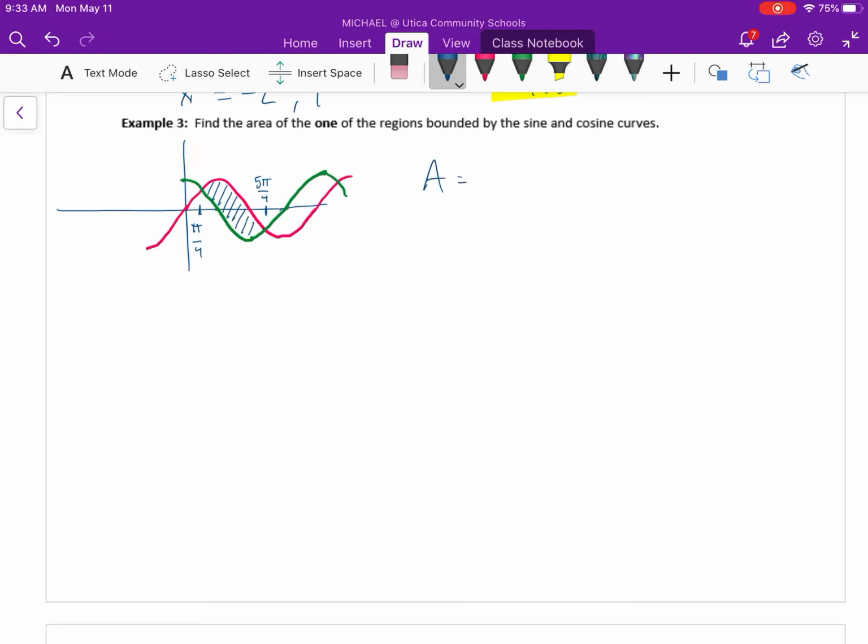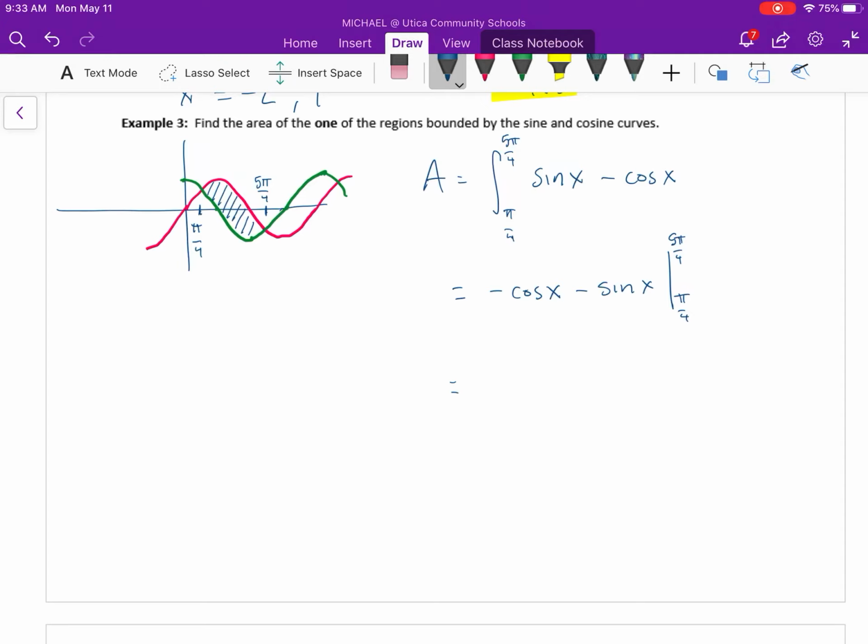So let's start up the area function, pi over 4 to 5 pi over 4, top minus bottom. So in this case, the top is sine, the bottom is cosine. Let's go ahead and do the integral. The integral of sine is negative cosine, and the integral of negative cosine is negative sine. And I'm going to evaluate that from 5 pi over 4 to pi over 4.